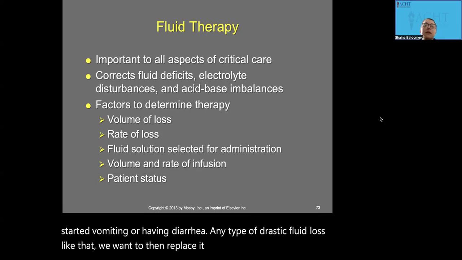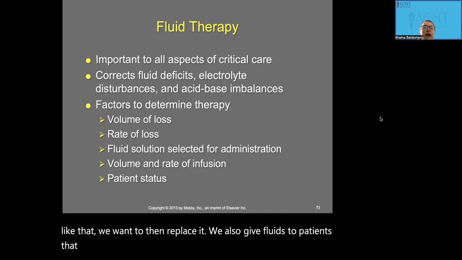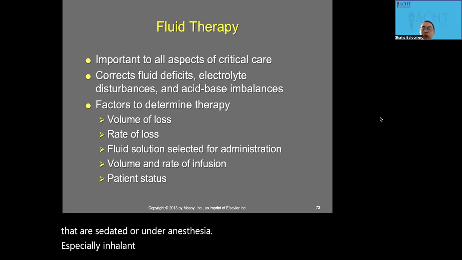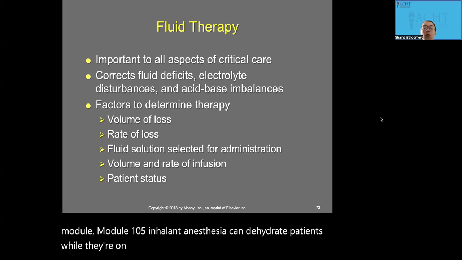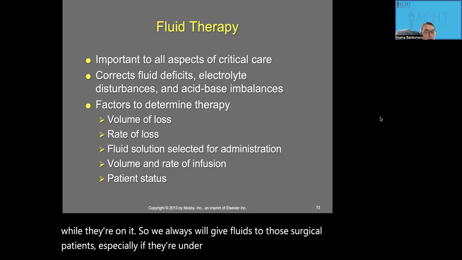We also give fluids to patients that are sedated or under anesthesia, especially inhalant anesthesia, which we will talk about in your next module, Module 105. Inhalant anesthesia can dehydrate patients while they're on it. So we always give fluids to those surgical patients, especially if they're under anesthesia for longer than half an hour.